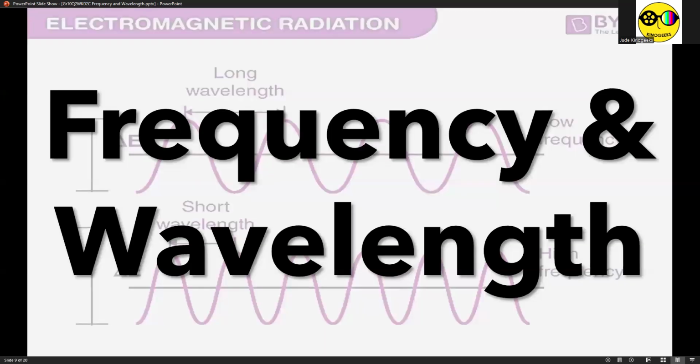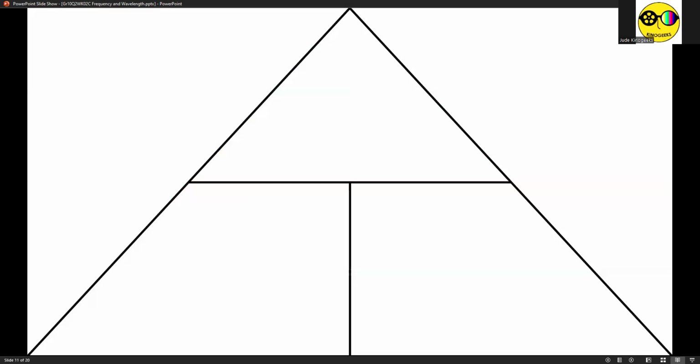As I said in the beginning of this video, now that we know the relationship between frequency and wavelength, and I just flashed to you some of the practical applications of the electromagnetic spectrum, it's time to solve for the actual values for frequency and wavelength. This is where we need the help of this pyramid formula.